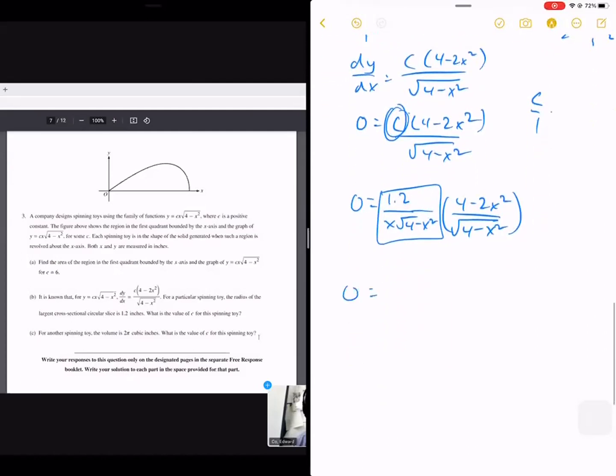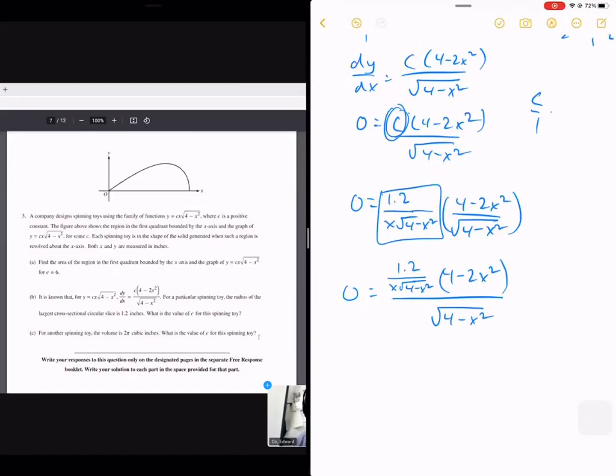If you write it the other way, it would look a little funky, but fine. It would be 1.2 over x square root of 4 minus x squared, 4 minus 2x squared, over the square root of 4 minus x squared.